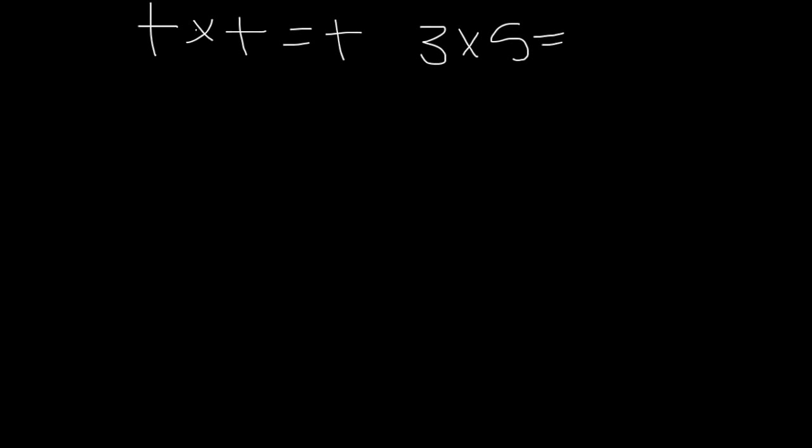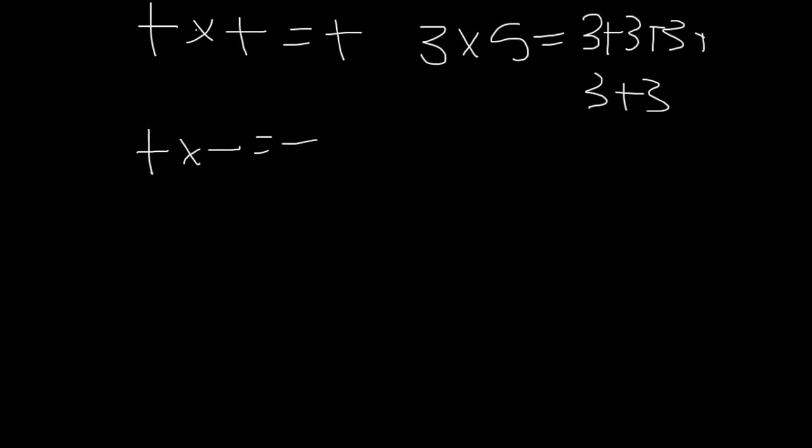So you have 3, and you times it by 5, so there's 5 different bunches of 3. So, yeah, it could be repeated addition. Now, positive times a negative equals a negative, because say 3 times negative 5.